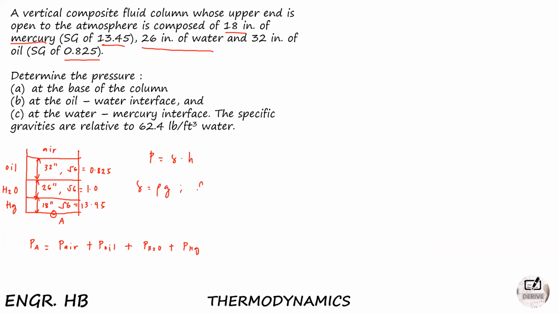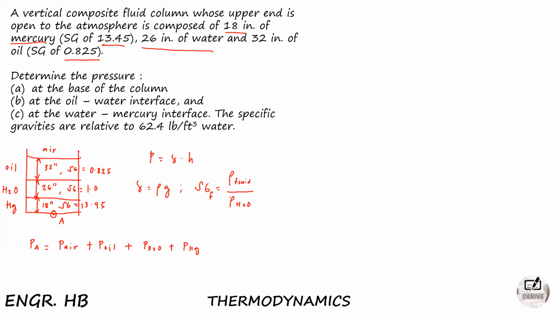And at the same time, the specific gravity is equal to the ratio of the density of the given fluid divided by the density of water, which is always our basis. Let's say SG_F, or SG of the fluid. So if it is mercury, and they ask for the specific gravity of mercury, just put the ratio of the density of mercury divided by the density of water.